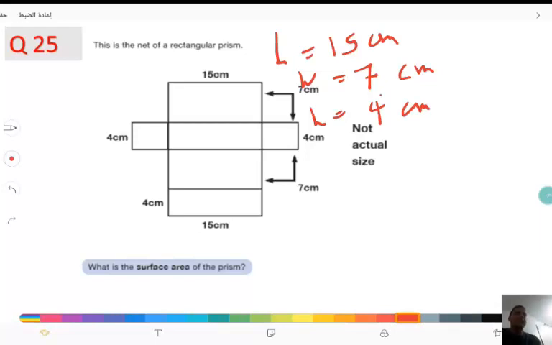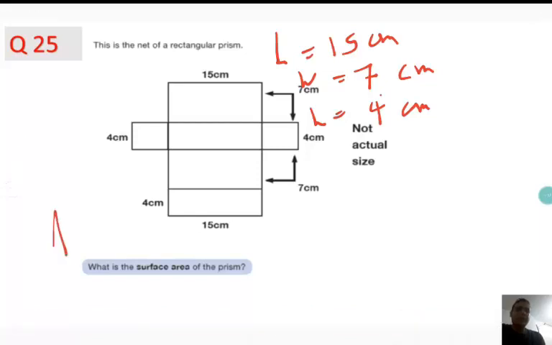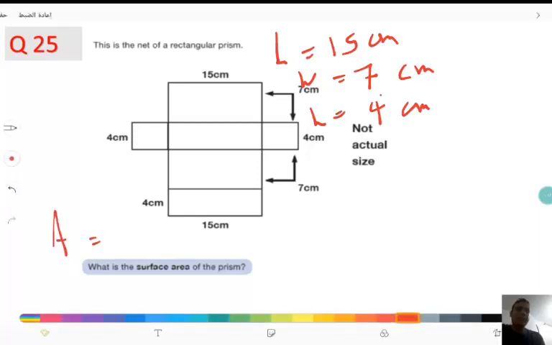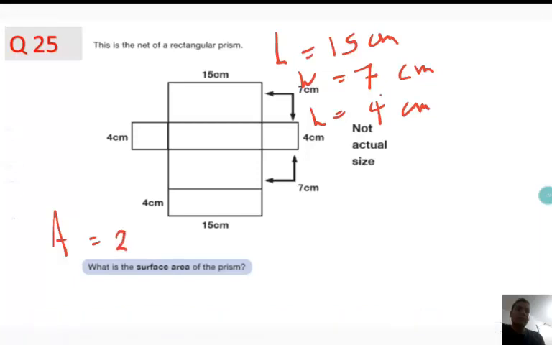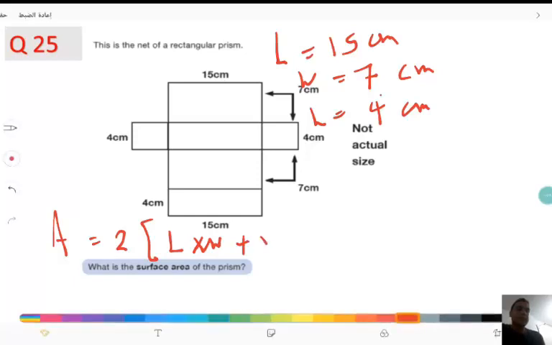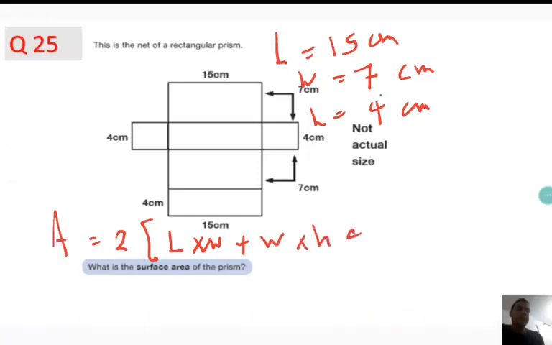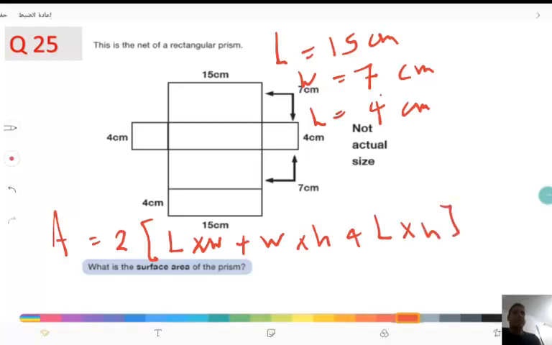And we have a law for the surface area of a cuboid: area equals 2 times length times width plus width times height plus length times height. Let's apply that.